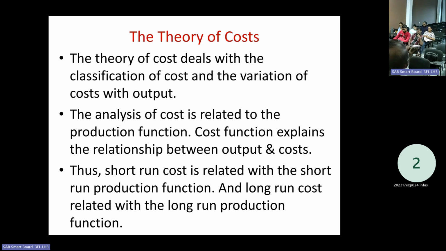So the cost function explains the relationship between the cost and the output. Cost depends on the output, so that means cost depends on the production function. Therefore, when we analyze the cost, we need to think about the production function also. Since it relates to the production function, depending on the variability of the factors of production, cost may vary.